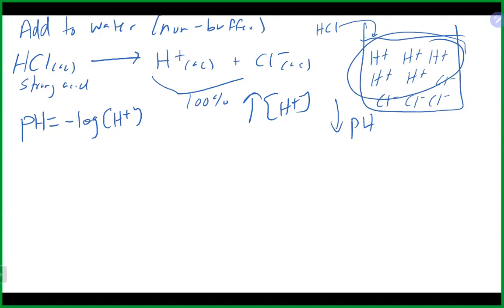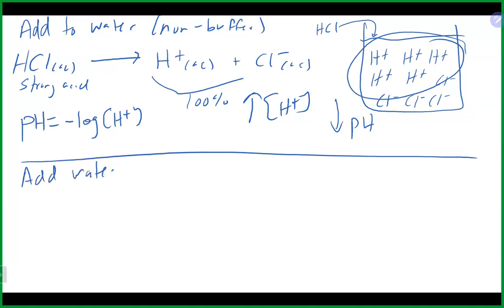Now, if we look at adding a strong base to water, so if we added again to water, which is not a buffer, a strong base like sodium hydroxide, when we add sodium hydroxide to water, because it's a strong electrolyte, it will also 100% break apart into sodium ions and hydroxide ions.